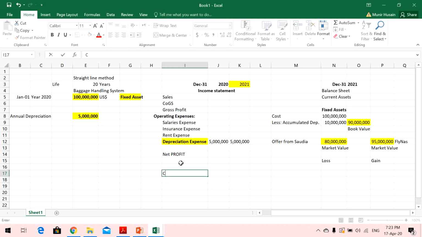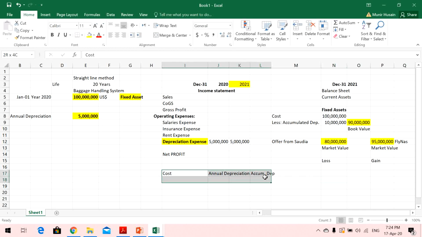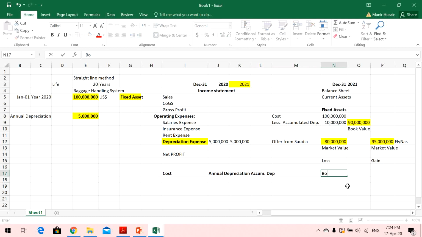Okay. So now if I want to put it, it should be like this. I'll just put it here. Cost of the asset, annual depreciation, or depreciation expense, or you may have total or accumulated depreciation, and book value.